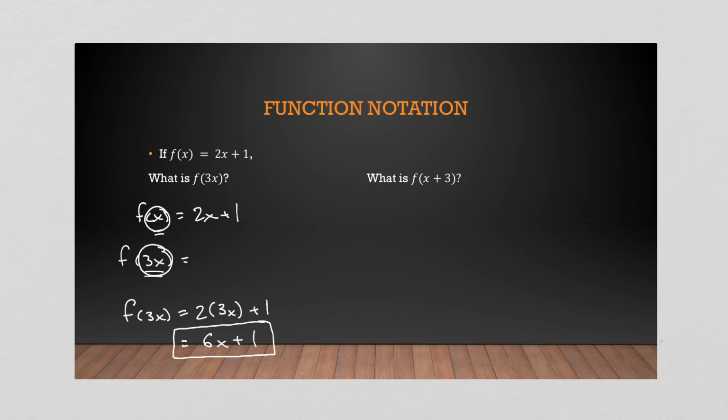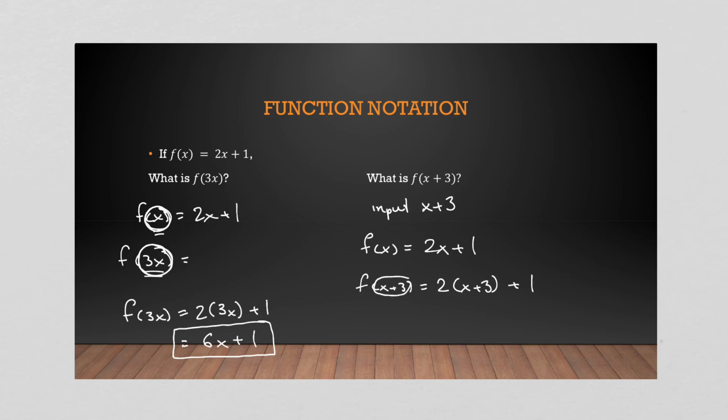So you substitute every x you see in the equation with the new input. So let's look at this one. What is my new input? My new input is going to be x plus 3. So if you have f of x equals 2x plus 1, you now have f of x plus 3 equals 2 times (x plus 3) plus 1, right?